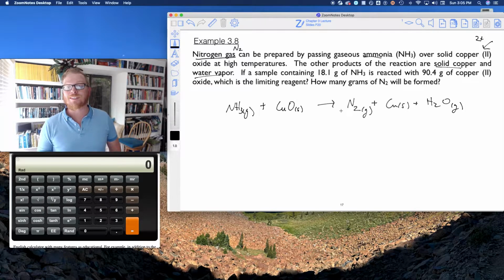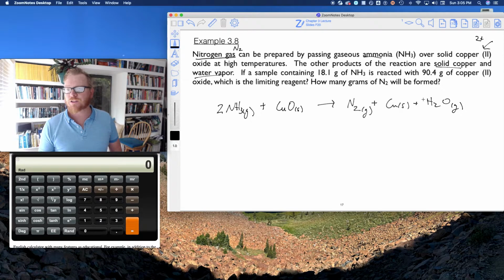And then now, of course, I have to balance this equation because I can see that I've got 2 nitrogens here, but only 1 nitrogen there. So I'm going to put a 2 in front of there to start, all right? And let's see, when I do that, that gives me 2 times 3. That gives me 6 hydrogens. Okay.